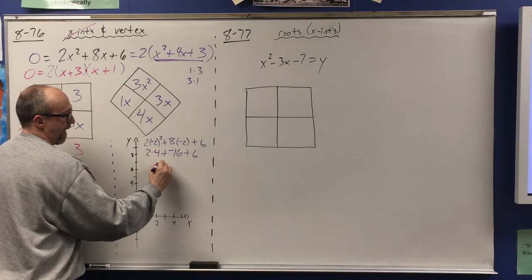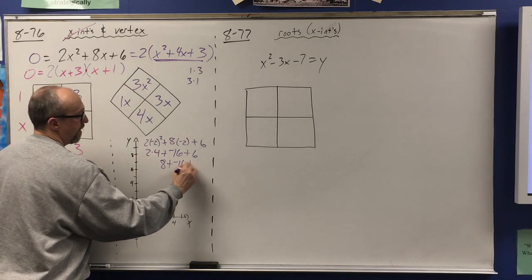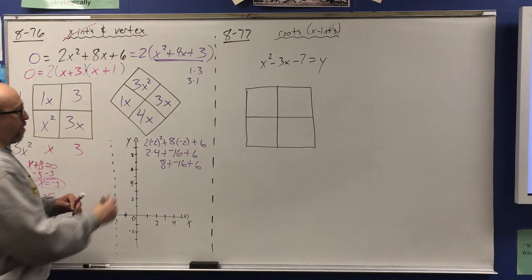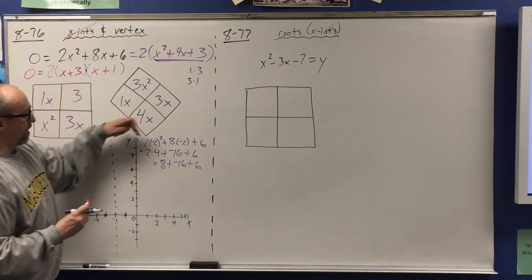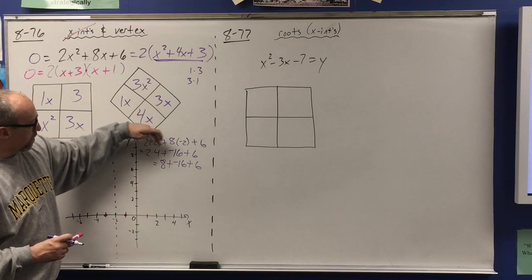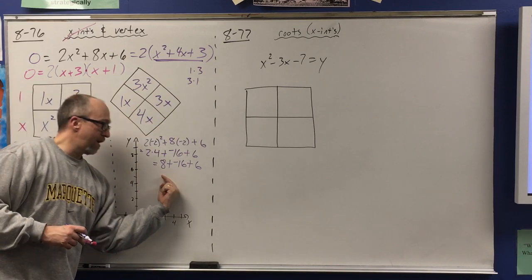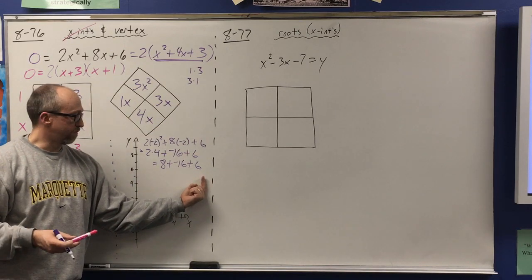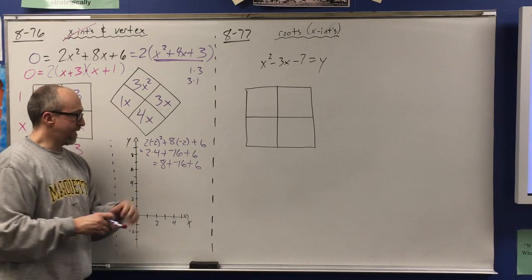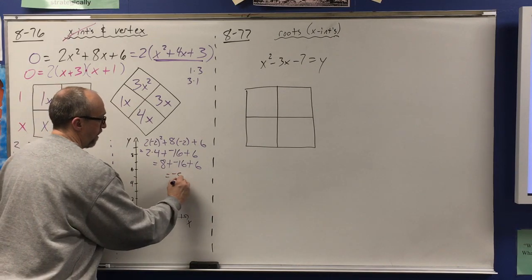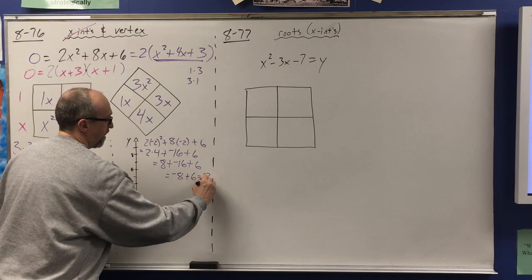2 times 4 is 8 plus -16 plus 6. And we know from our order of operations, I did the parentheses, I did my multiplication first, and now I'm going to add from left to right. We follow the rules of math. 8 plus -16 is -8, plus 6 is -2.